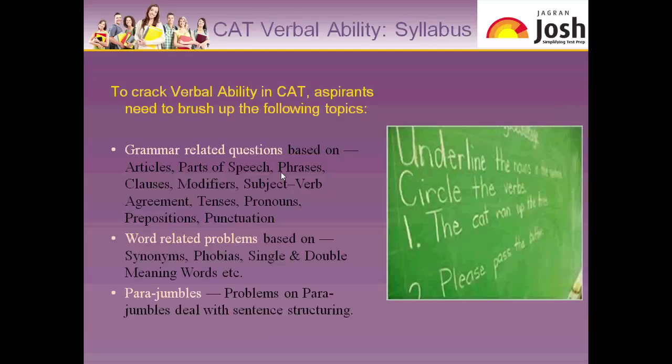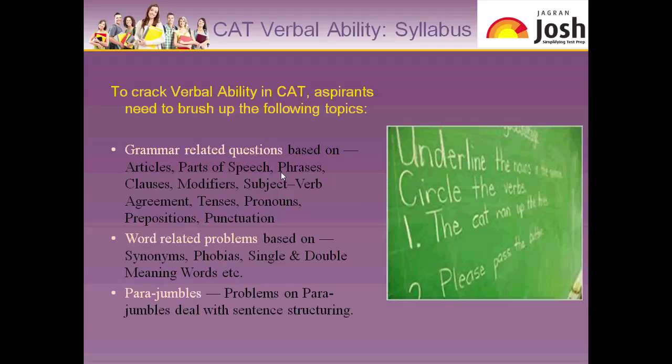Let's begin with the CAT Verbal Ability syllabus. To crack verbal ability in CAT, aspirants need to brush up the following topics. There are grammar-related questions based on articles, parts of speech, phrases, clauses, modifiers, tenses, pronouns, prepositions, and punctuations.